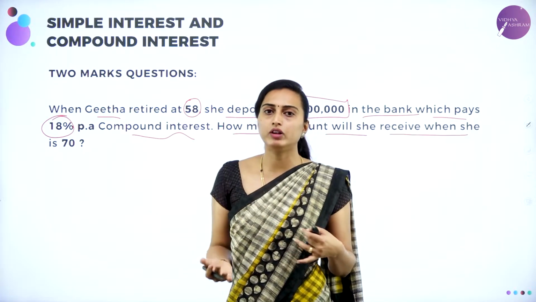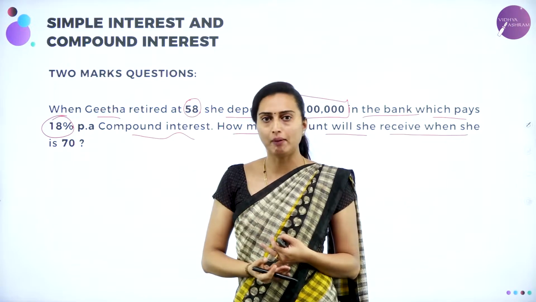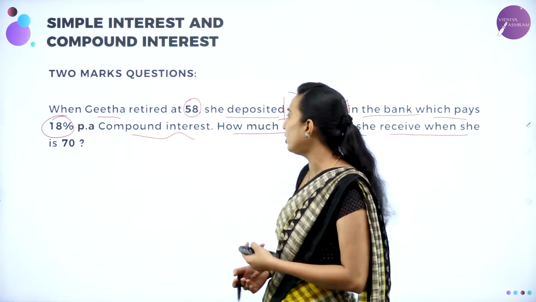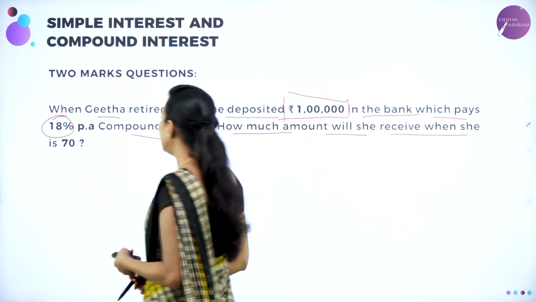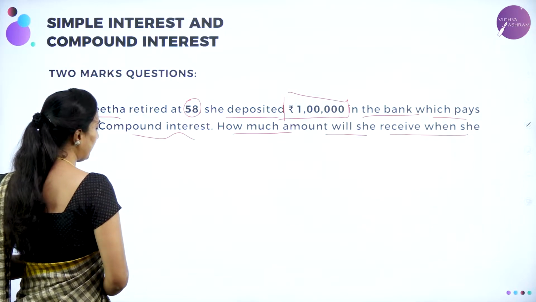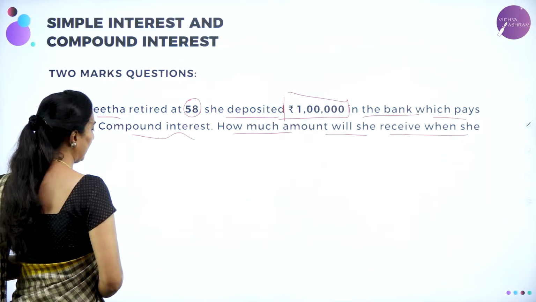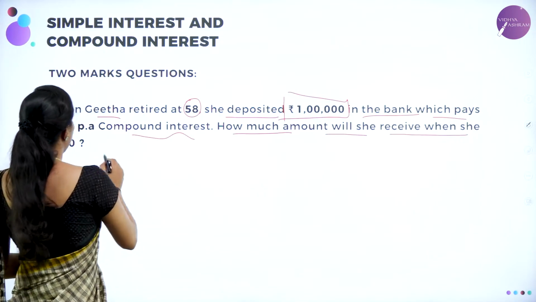When she is 70 years old, what amount will she get if she deposits 1 lakh? Here you have the principal amount.